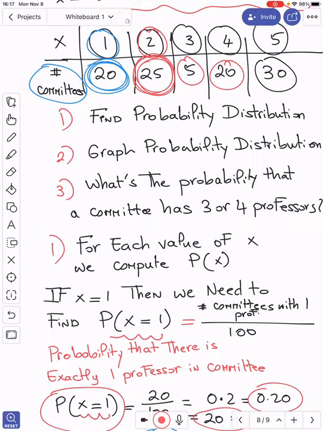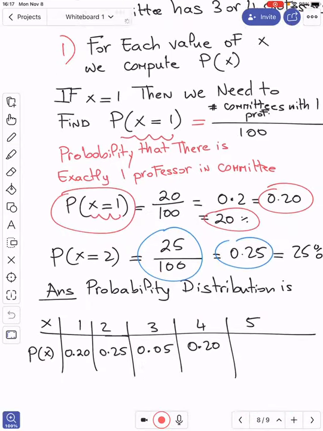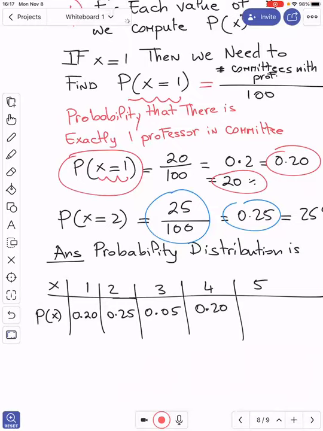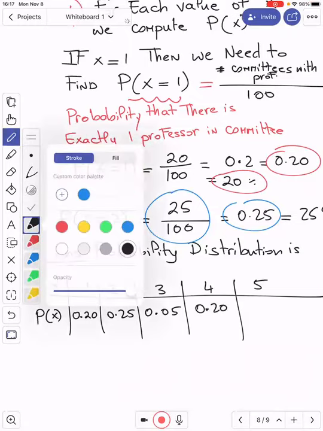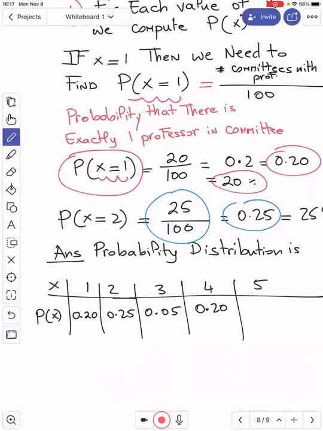Oh, yeah, thank you. You mean 0.30, right? Yeah. So that's what I call a probability distribution. This table or this chart is my probability distribution.